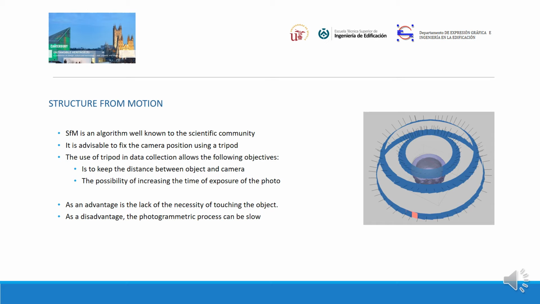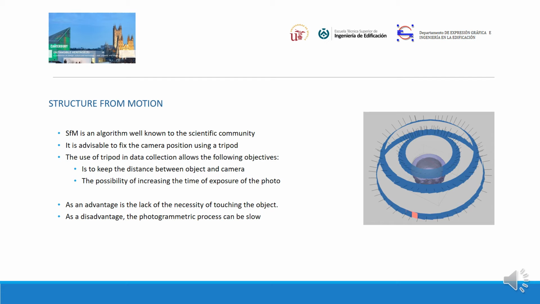This kind of data acquisition is well controlled, as it is possible to better plan parameters such as the distance to the object and the light. An advantage of this kind of data acquisition process is the lack of necessity of touching the object.